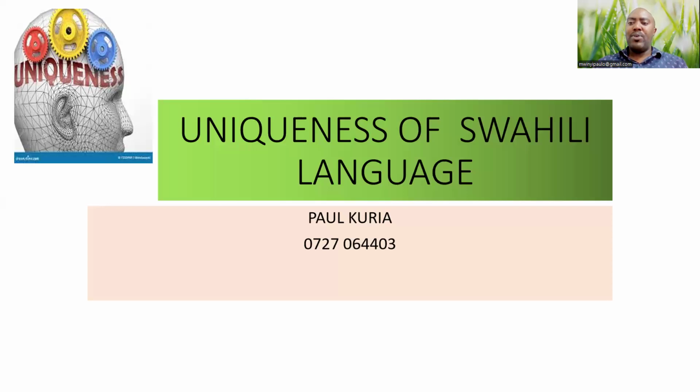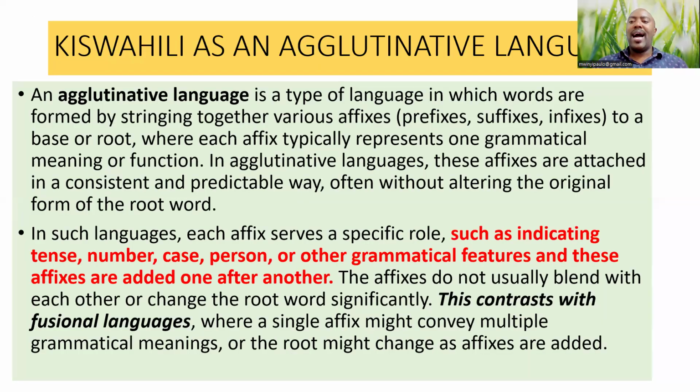Let's start by looking at what we call an agglutinative language. An agglutinative language is a type of language in which words are formed by stringing together various affixes.